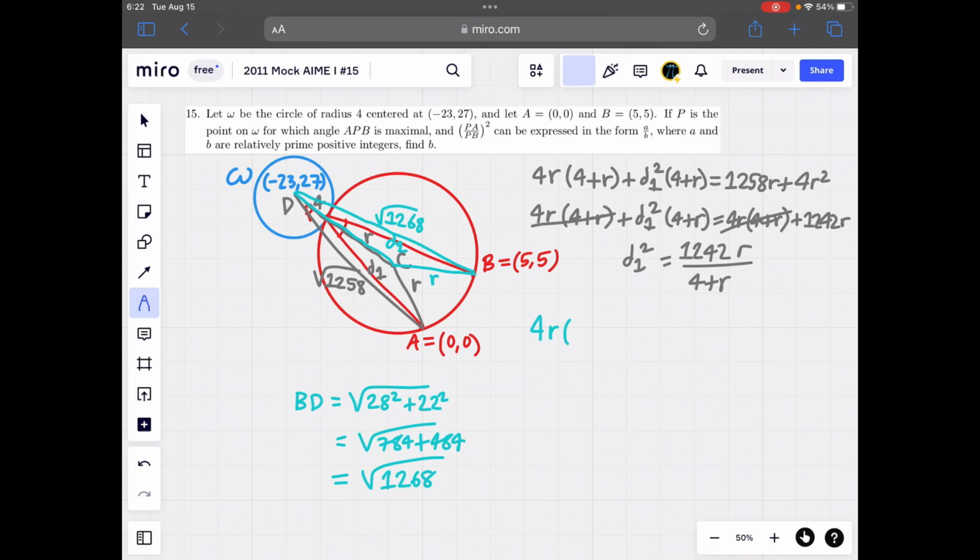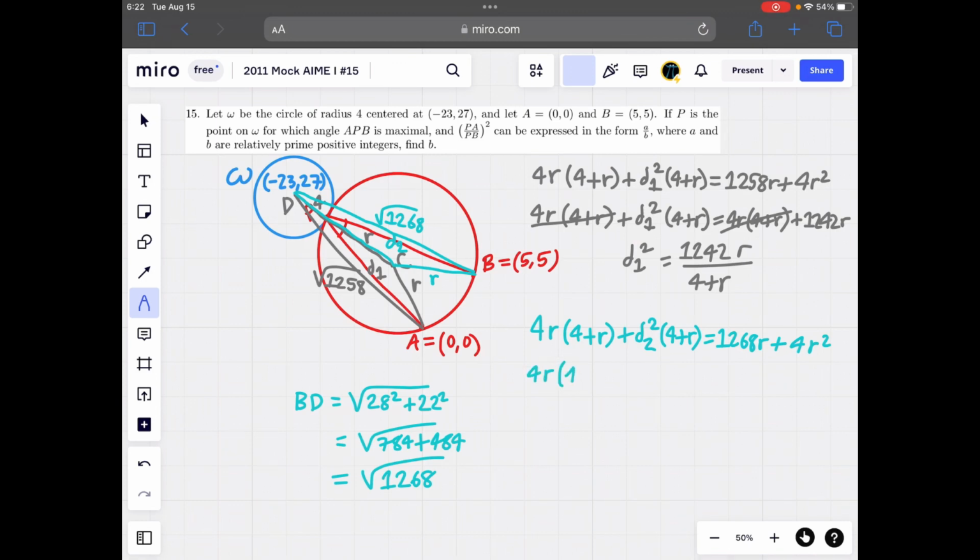So again, we have 4R times 4 plus R plus d2 squared times 4 plus R, in this case, is equal to the square root of 1268 times R times the square root of 1268. That's just 1268R. And then R times 4 times R is going to be equal to 4R squared. So now, as we did before, we can split the right side up into 4R squared plus 16R and 1252R.